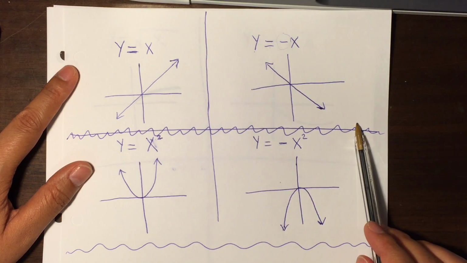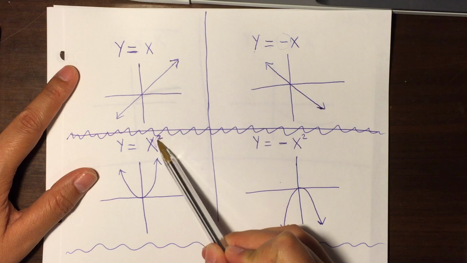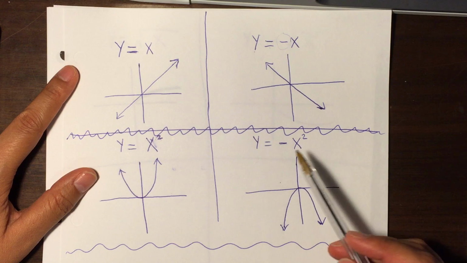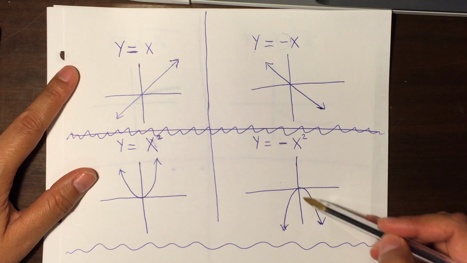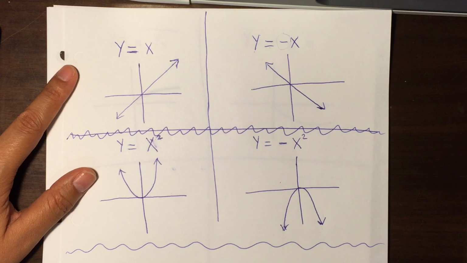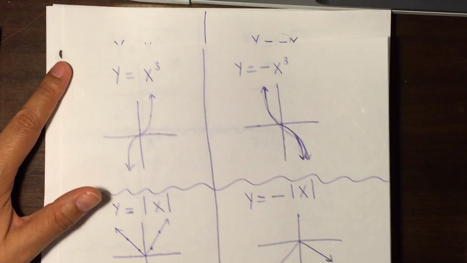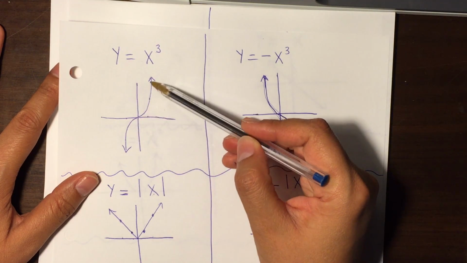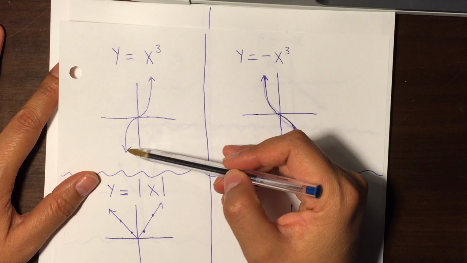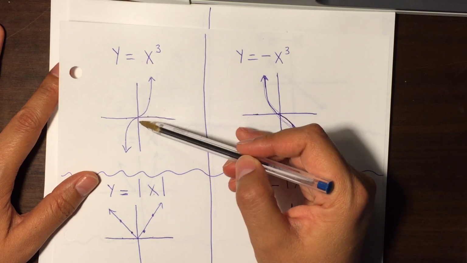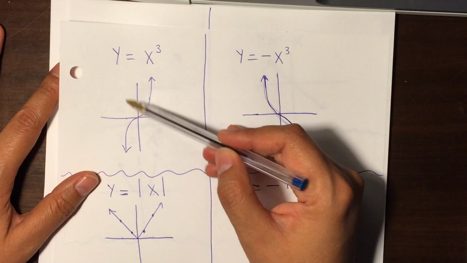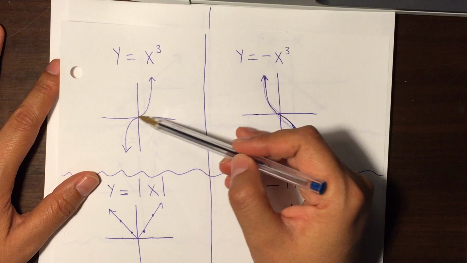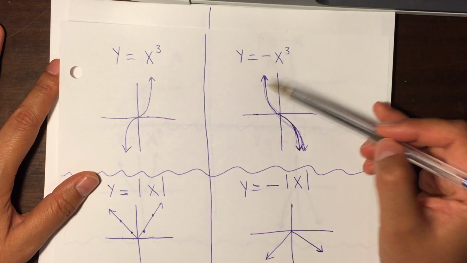It's a linear equation. When it's a square, it's a parabola. This is called a parabola. And if it has the negative, then it's upside down. If it's cubed, it's this curve right here. Okay, it's like half of the parabola goes up, and then look at this part. It's like the other half of the parabola, but it goes down, right? So whenever you have the cube, if it's positive, it goes up.